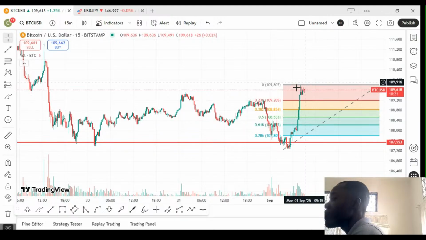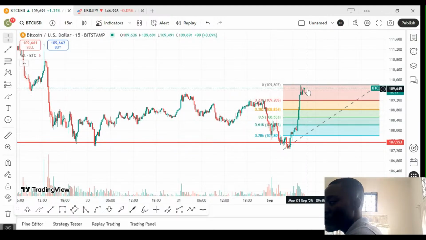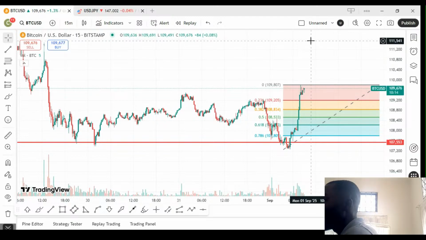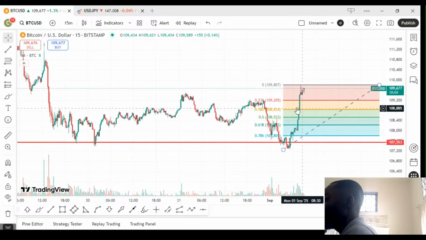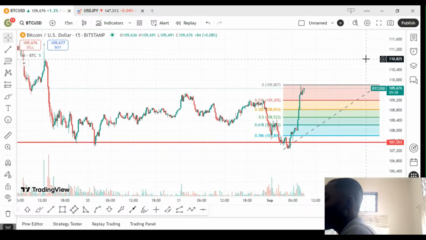So usually when you miss your entry, that is what you will do. The market will not go straight all the way. No, it will definitely retrace, and after the retracement into maybe the 50% or the 38.2%, then you buy the market.